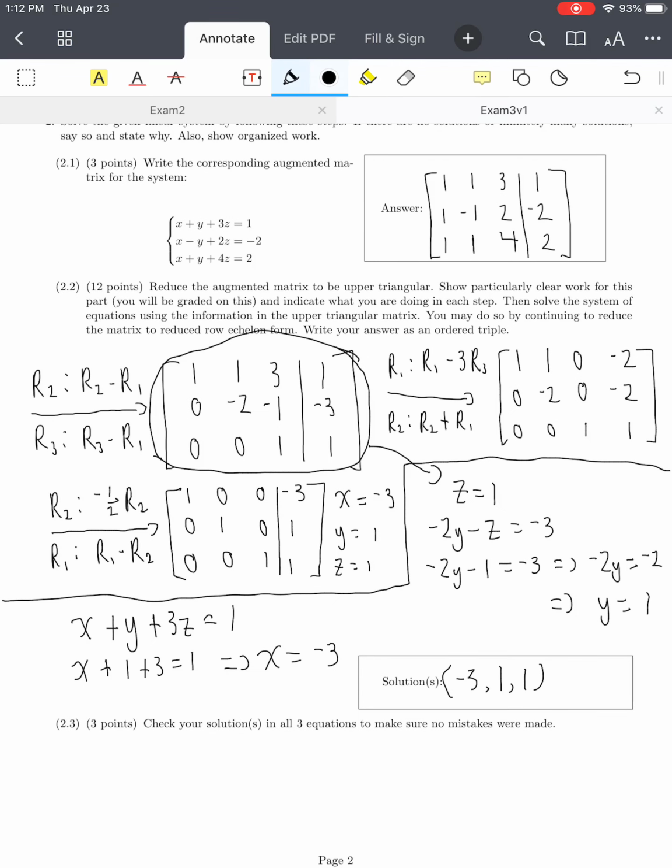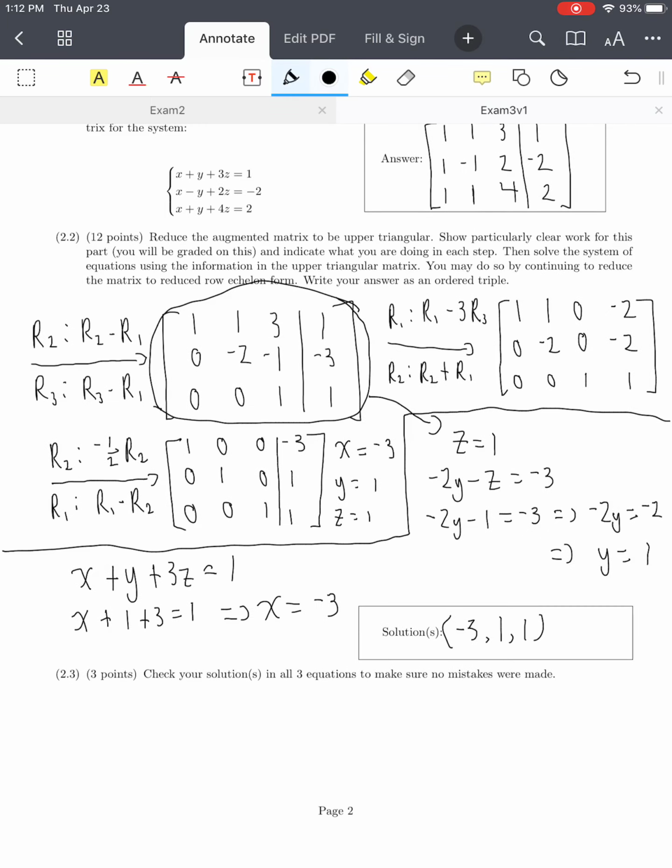Now for part 3, we want to check the solutions in all three equations to make sure nothing was wrong. So we're just using the original equations. Negative 3 plus 1 plus 3 equals 1, so that checks out.